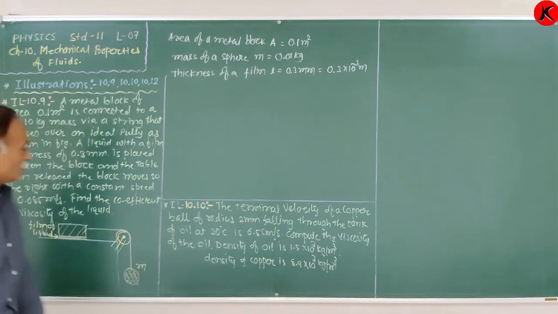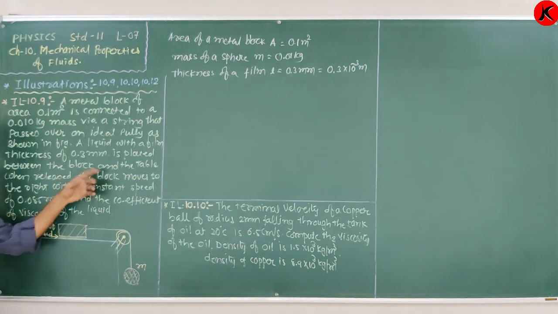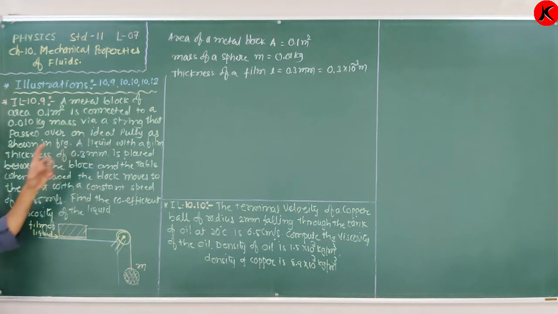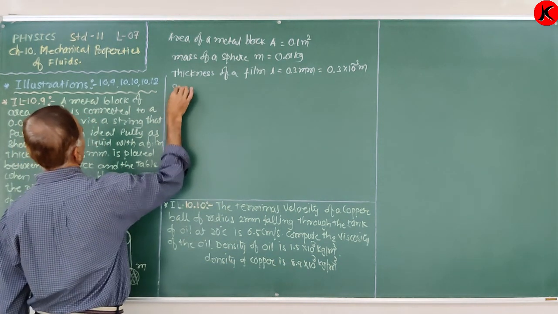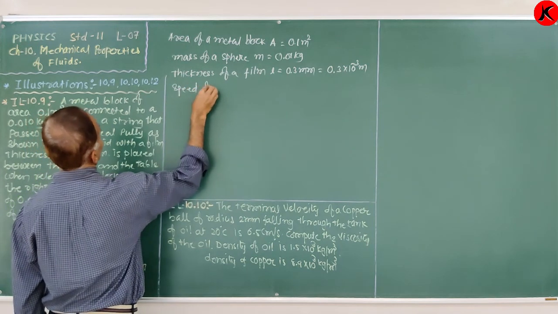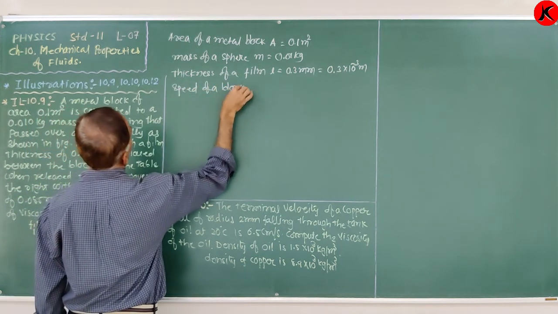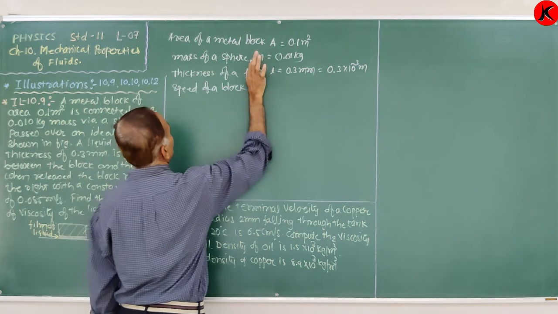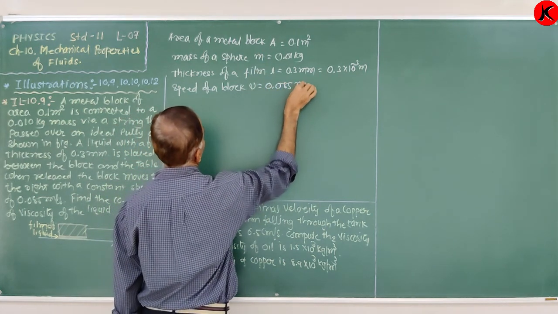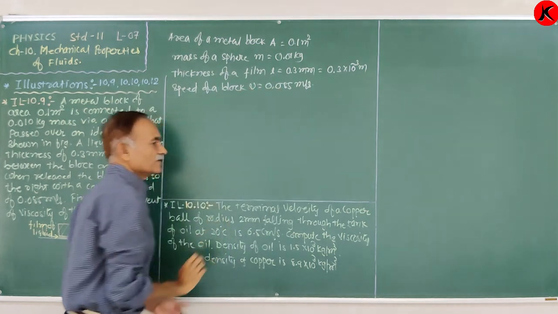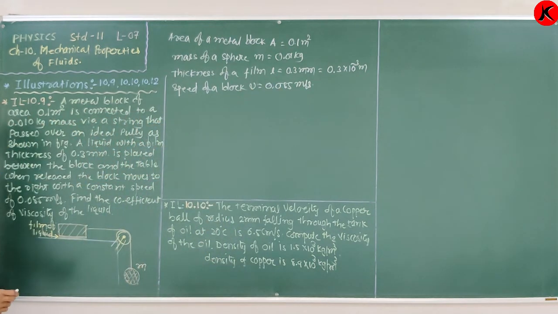That is the thickness of the film. Now that is placed between the block and the table. Now the block moves with a constant speed of 0.085 meter per second. Speed of the block, V, is given as 0.085 meter per second. Clear?